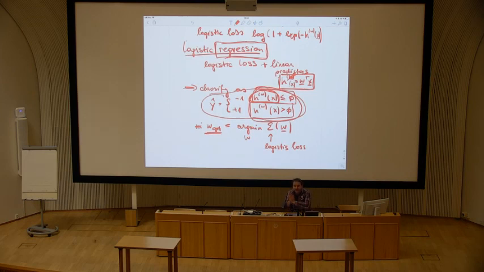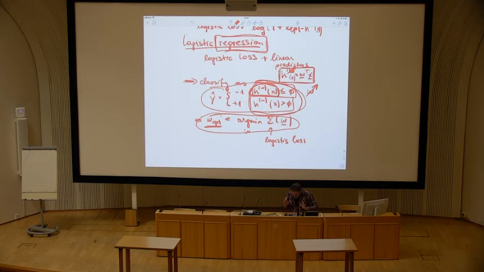And for learning a good weight vector w, we minimize the empirical risk. It's again empirical risk minimization, exactly the same manner as for linear regression, but here we use another loss. In linear regression, we use the squared error loss, and for logistic regression, we use the logistic loss.